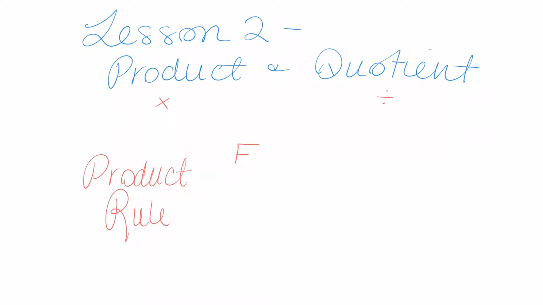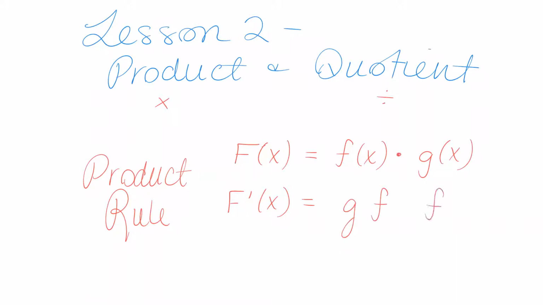So if we've got a function capital F of x, and that function is made up of f of x times g of x, so two things, then the derivative of F of x is going to be our little song we like to sing: G, F, F, G. What that means is we take the derivative of the first f and the second g, and we add them together.